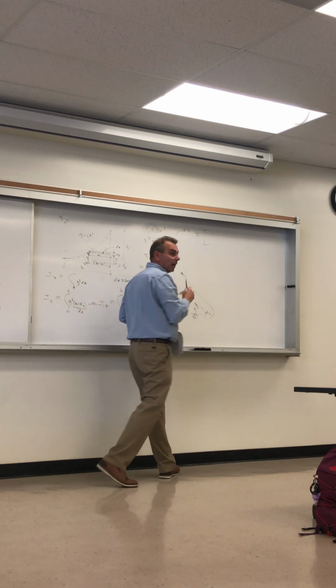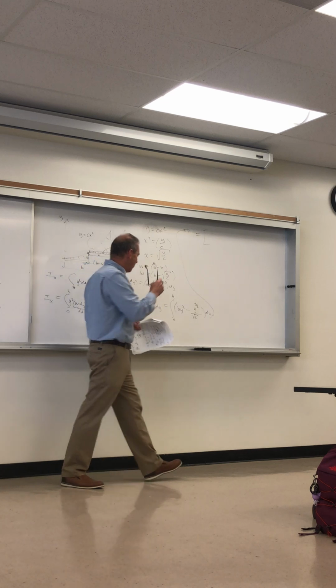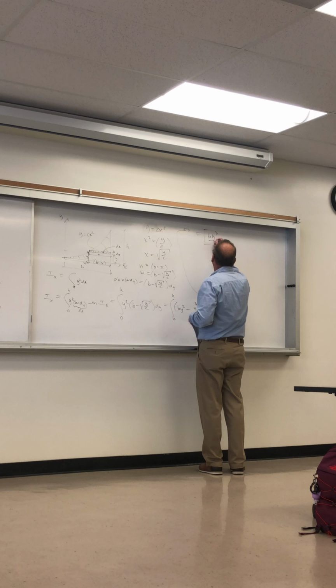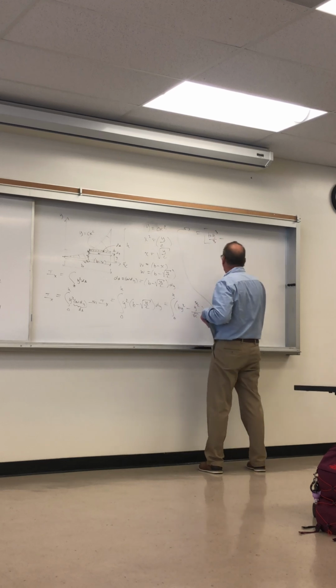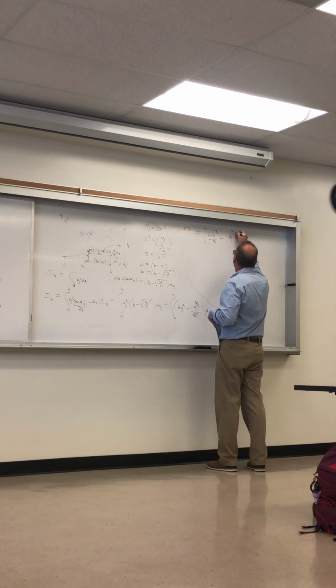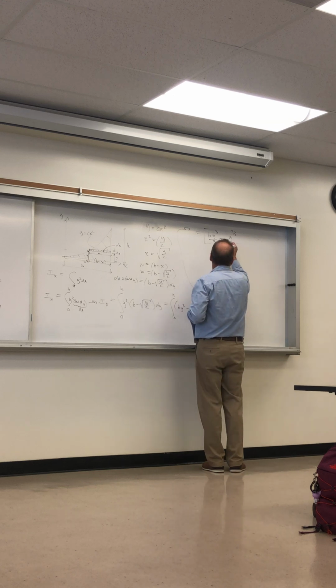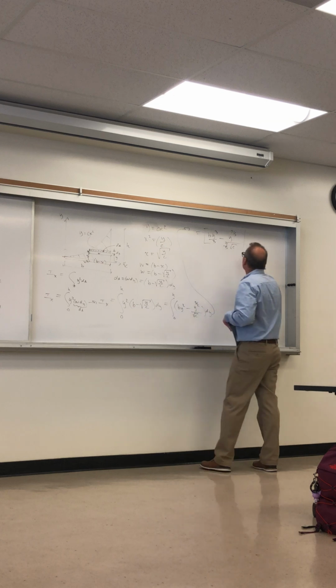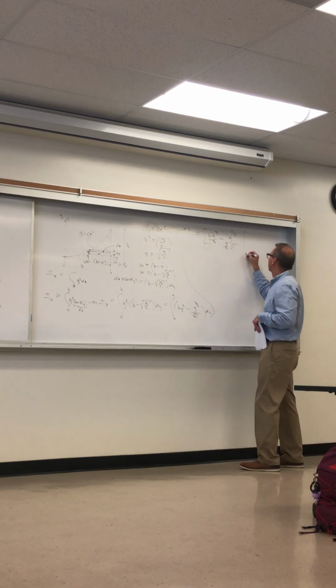So from that we get B y cubed over 3 minus y to the 7 halves over 7 halves square root of c, from 0 to h.